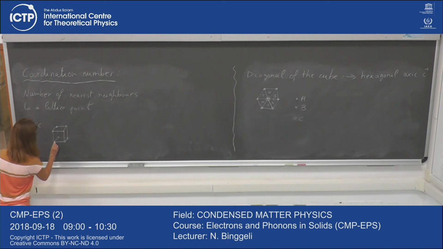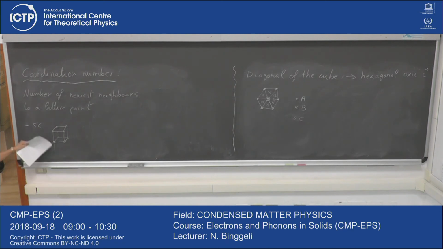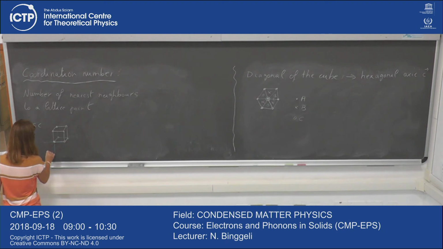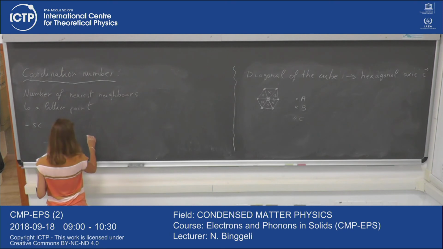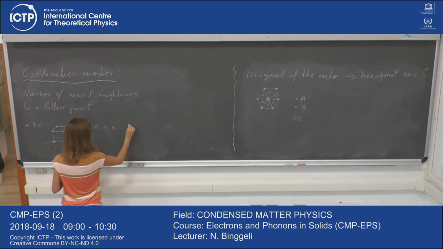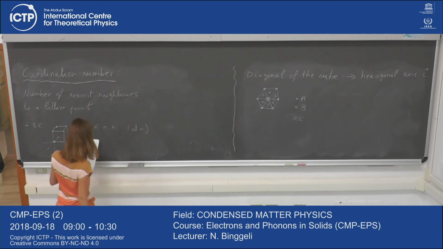So let's consider a point in the simple cubic lattice. How many nearest neighbors does this point or atom have? 6, yes. So the coordination number is 6. Each point has 6 nearest neighbors at distance A.